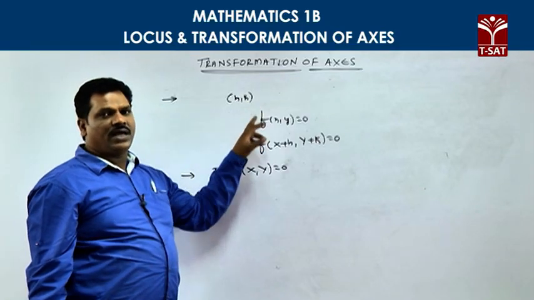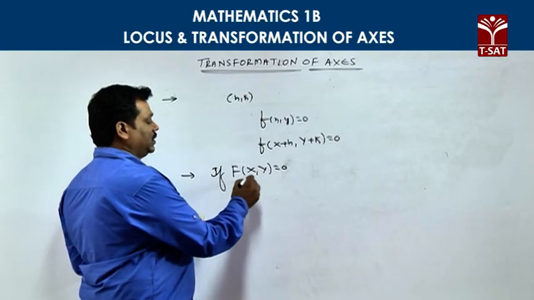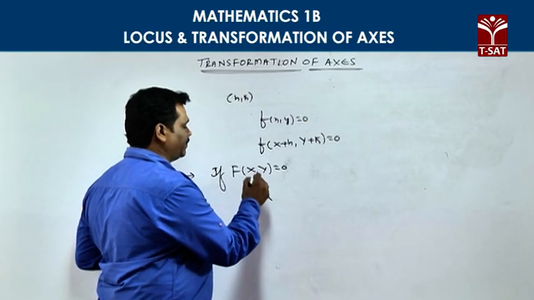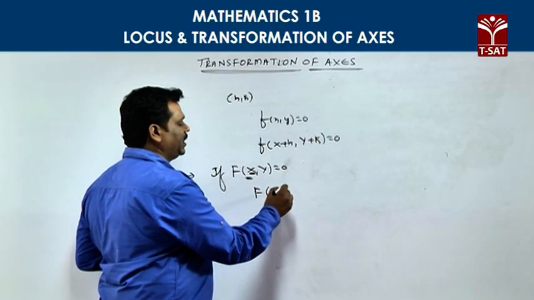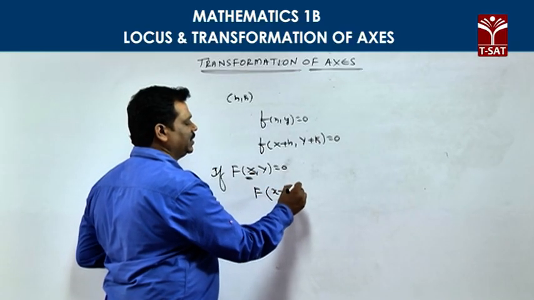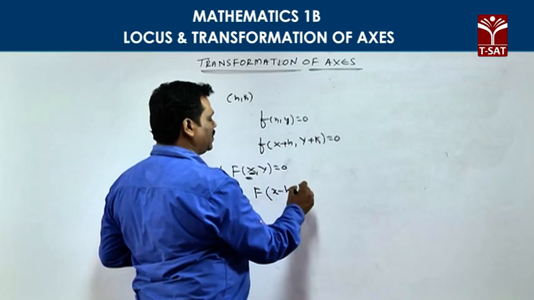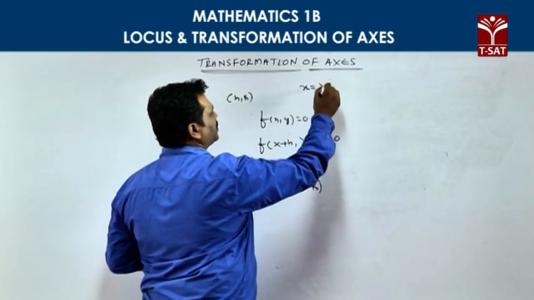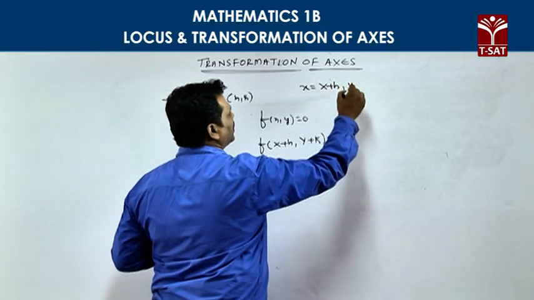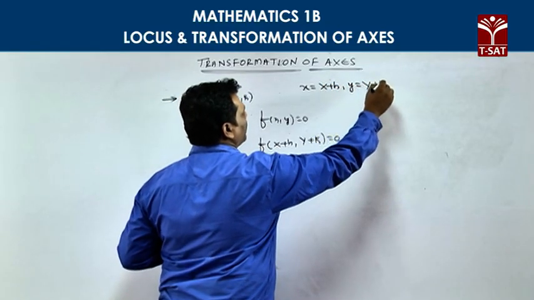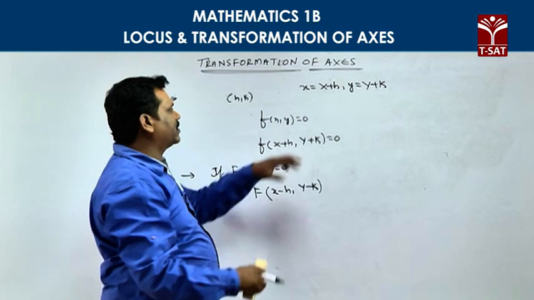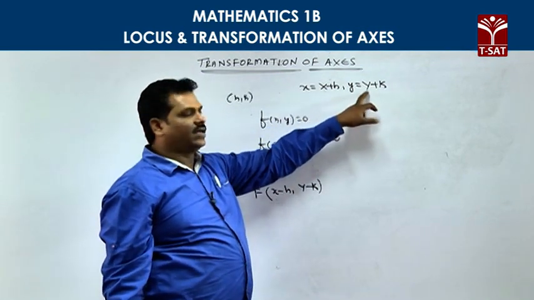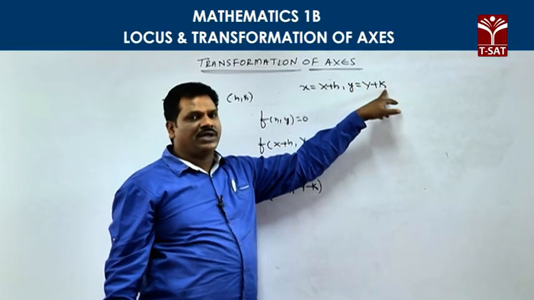Then the original equation of the curve is f of capital X equal to small x minus h and capital Y equal to small y minus k. We know that small x is equal to capital X plus h, small y is equal to capital Y plus k. Here small x and small y are original points, capital X and capital Y are new points, and h comma k is the shifted origin.